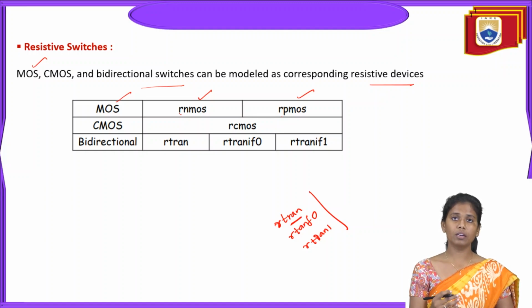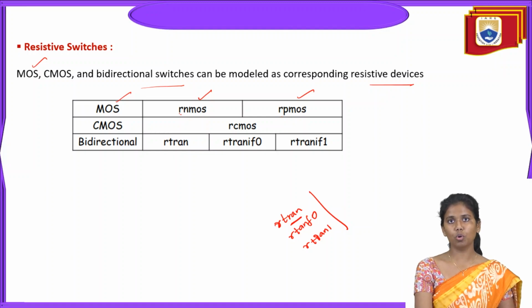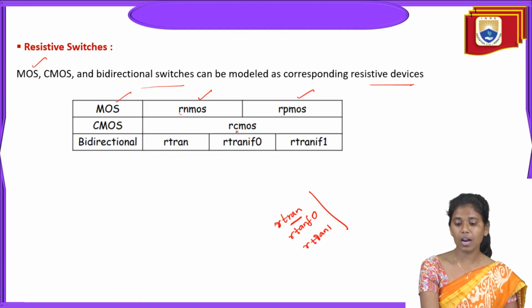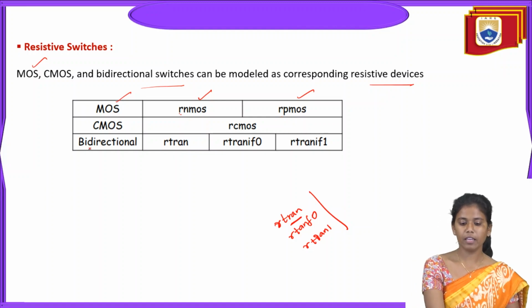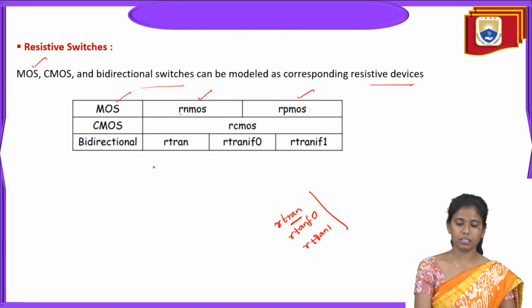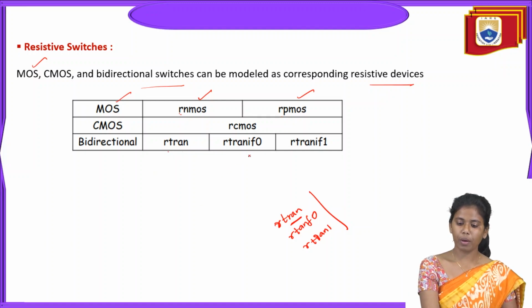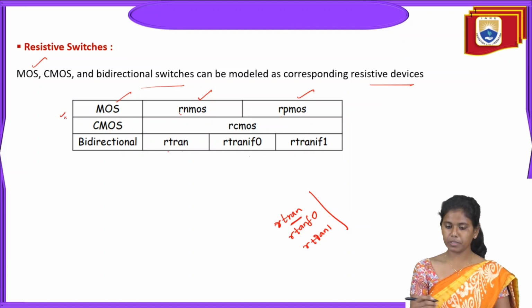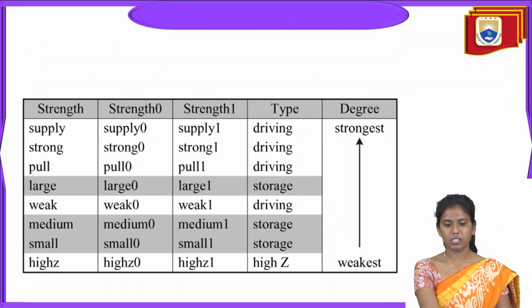Then for the CMOS switches, complementary metal oxide semiconductor switches, we can relate them with the resistive switch as RCMOS. And finally the bidirectional switches in terms of resistive switch are written as R-tran if 0 and R-tran if 1. These are just the representations of the resistive switches.